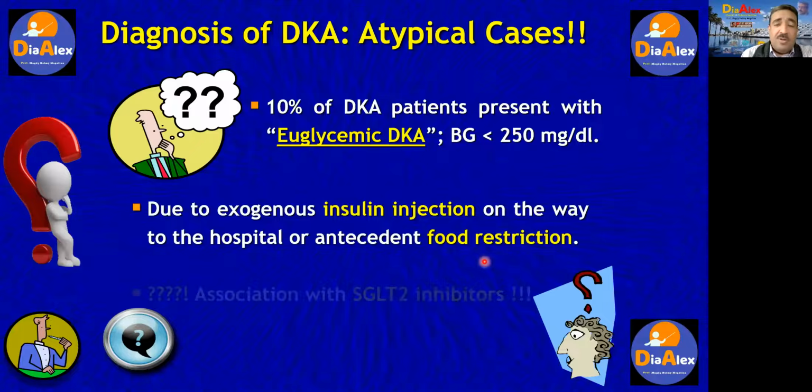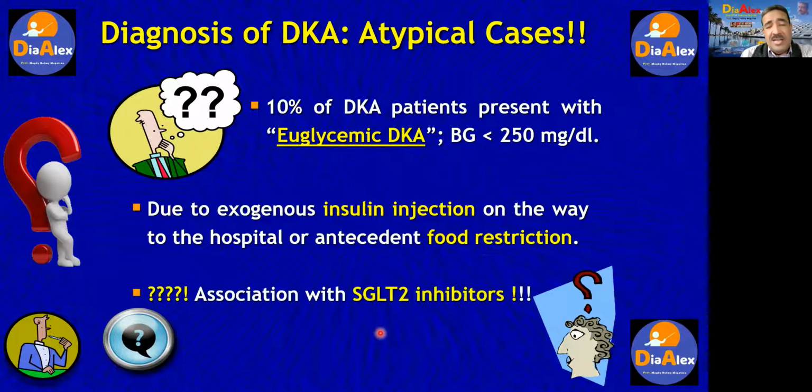Another example of euglycemic DKA is some reports that the use of SGLT2 inhibitors can be associated with euglycemic DKA.